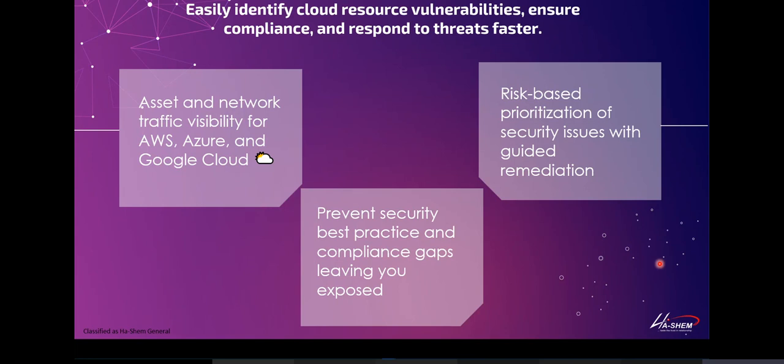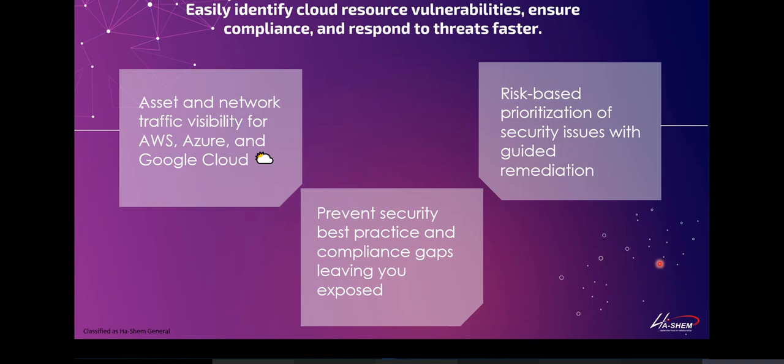I have three things here I need us to take note of: how to easily identify cloud resource vulnerabilities, ensure compliance, and respond to threats faster. One, you really have to have an overview of your assets and your network traffic. You need to know how many assets you have and what your network posture is. Doing that for different cloud environments can be very strenuous.